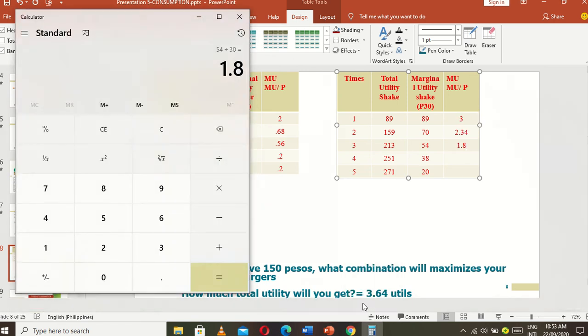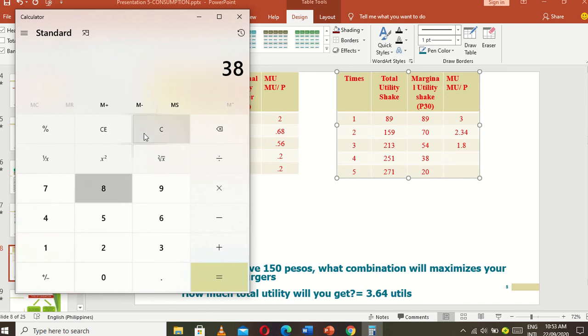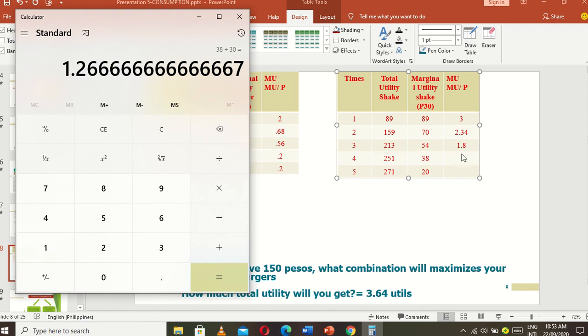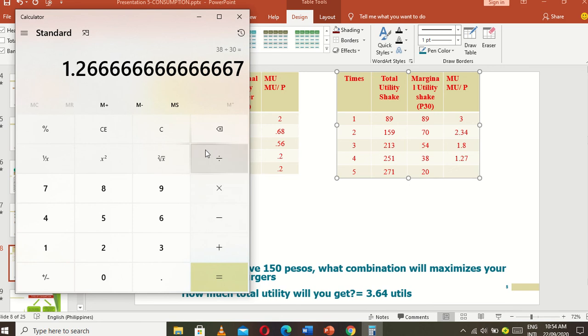Next, 38 divided by 30 makes it 1.27. And last is 20 divided by 30. So that makes it 0.67.